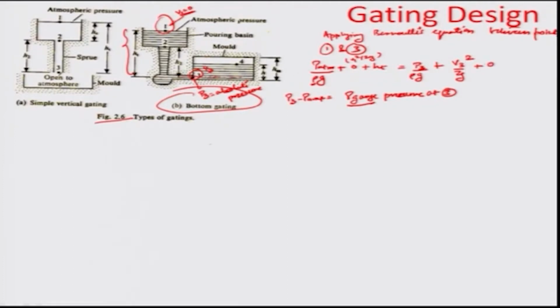So, really having a head loss between point 1 and point 3, with 3 as the datum line. In this case we write rho m, just to avoid confusion, as the density of the liquid metal.